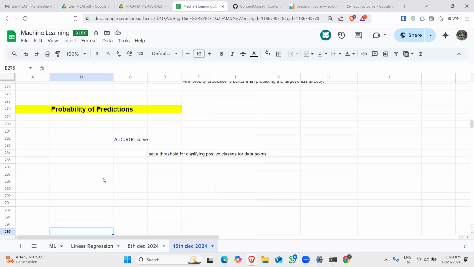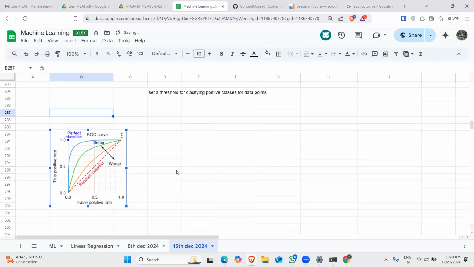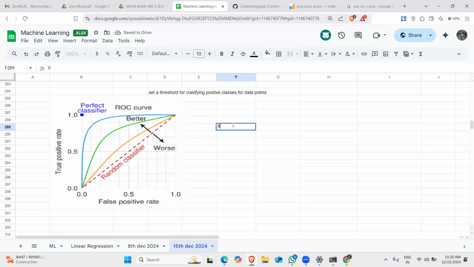In the AUC ROC curve, this is a very important question. It can be asked in interviews, and it has been asked multiple times. How will you answer what is the AUC ROC curve and how does it help you out? On your x-axis, you have the false positive rate. On your y-axis, you have the true positive rate, right?